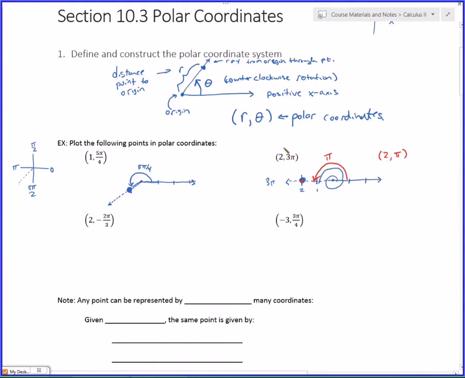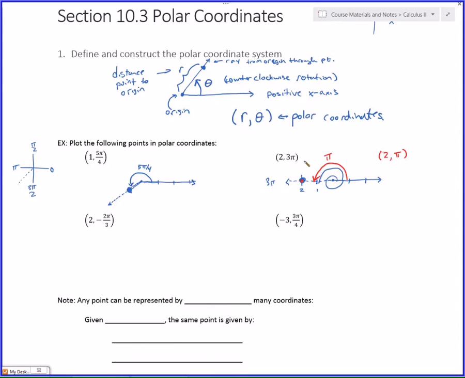Okay? So here's an interesting feature or bug, either way you want to think of it, of the polar coordinate system. Every point has only one set of coordinates. I should say, if I give you a coordinate, there's one and only one point that it corresponds to. If I say 2 comma 3 pi, that's a specific location.